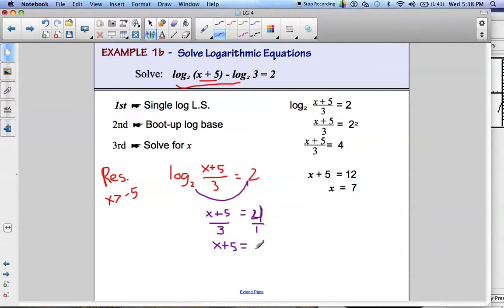And it's just a little bit of algebra. Move that over, so it becomes -5. And we know the answer is 7. And 7 is greater than -5, so I'm happy, check mark.